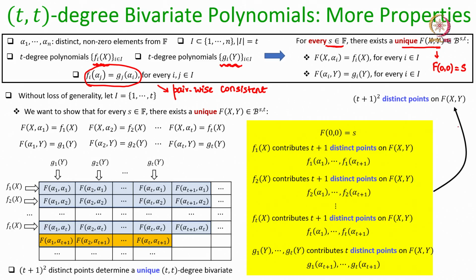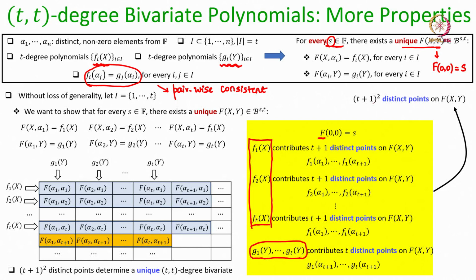You want the constant term of the bivariate polynomial to be S, so you are fixing one point on that unknown t degree bivariate polynomial, and at the same time you would like the given t degree x univariate polynomials and the given t degree y univariate polynomials to lie on the same bivariate polynomial.